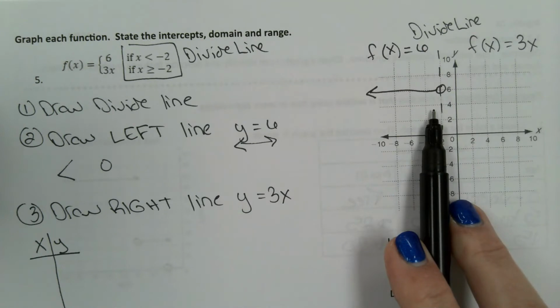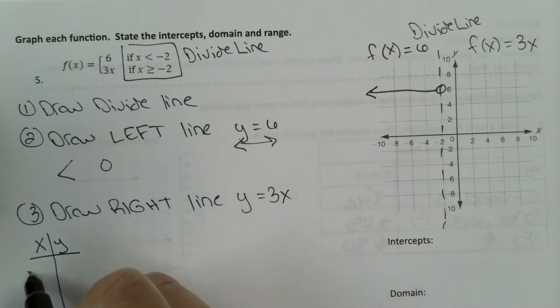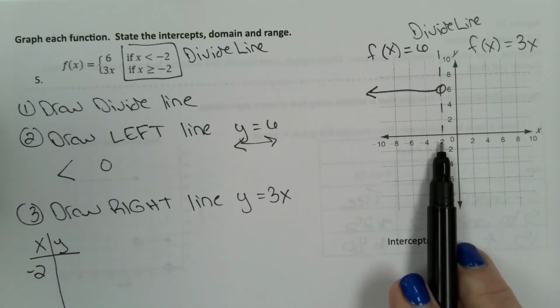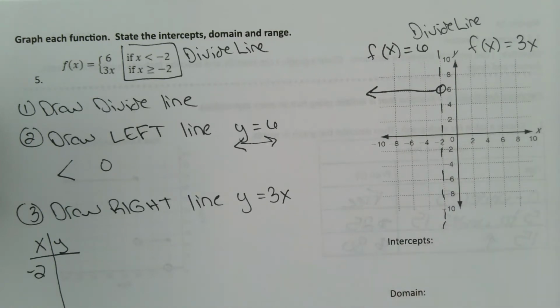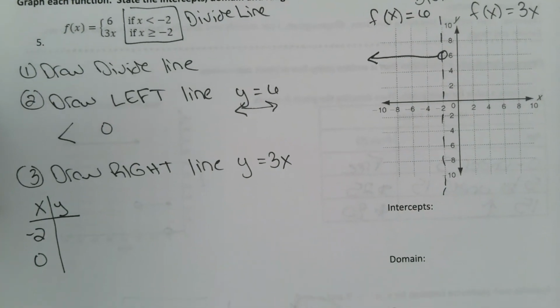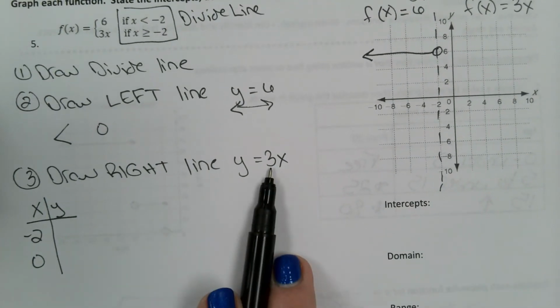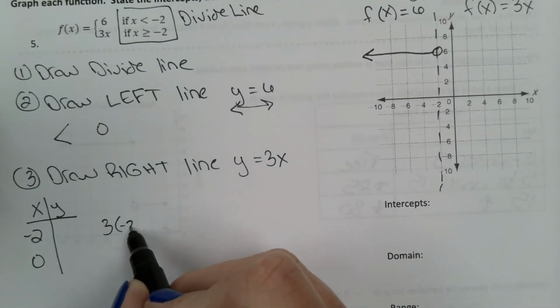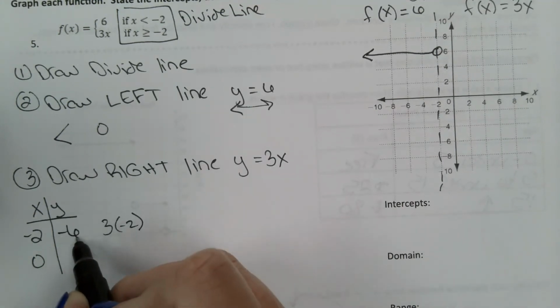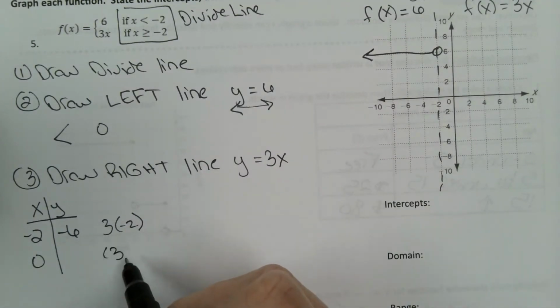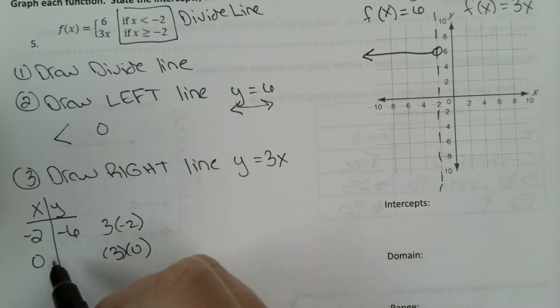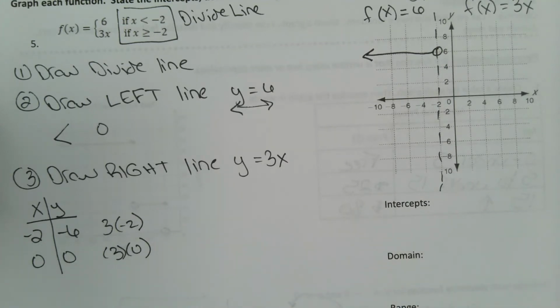So whatever your divide line number is, and in this case it's negative 2, I'm going to plug negative 2 in for x, and then any value on this side of the line, and I'm just going to go ahead and use 0. Alright, so if x equals negative 2, I have 3 times negative 2, which gets me negative 6. And if x is 0, I have 3 times 0, which is 0.